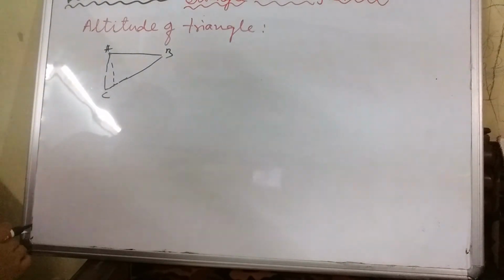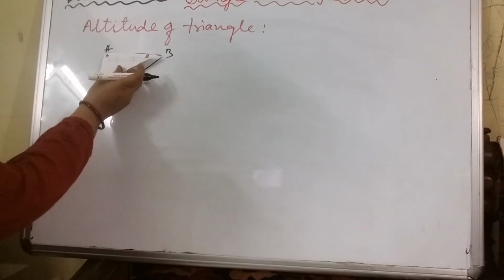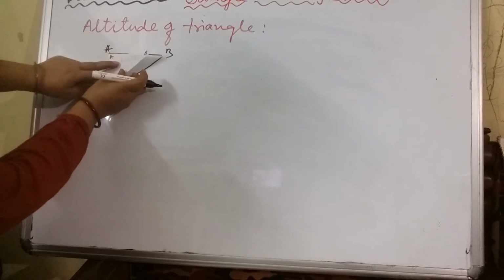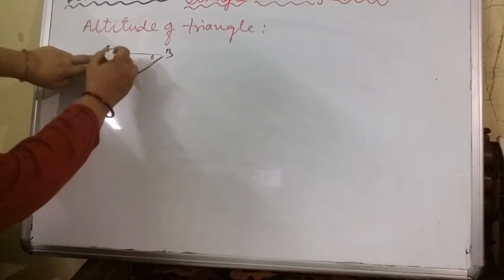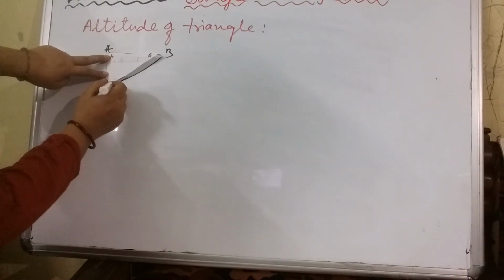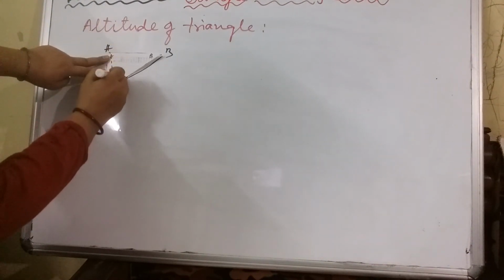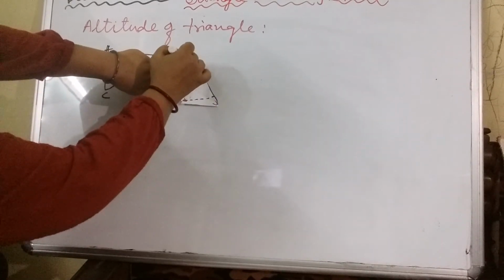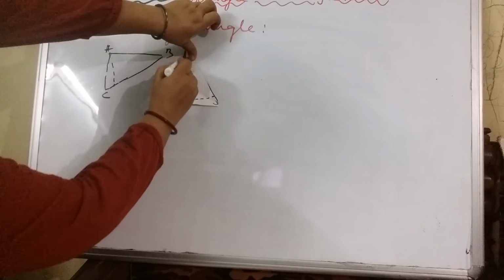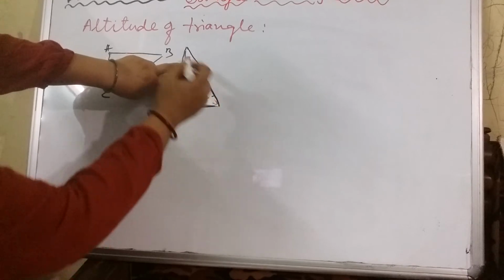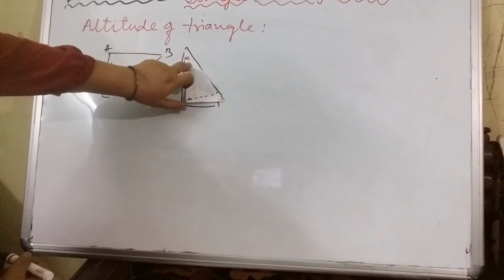Now it depends on the perspective from which we are seeing this triangle. When we see it this way, the altitude will be from this vertex to this line. If I draw a perpendicular, it will be its height. Now if I see the same triangle this way and consider this side, what will be its altitude?